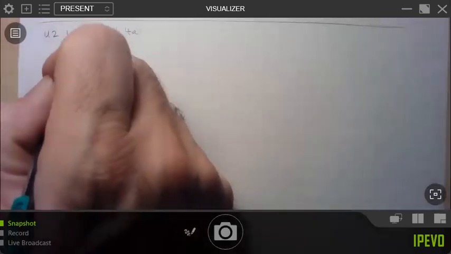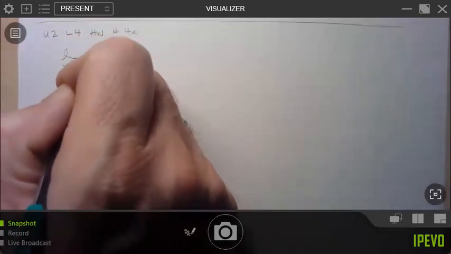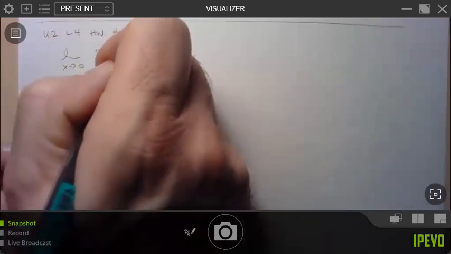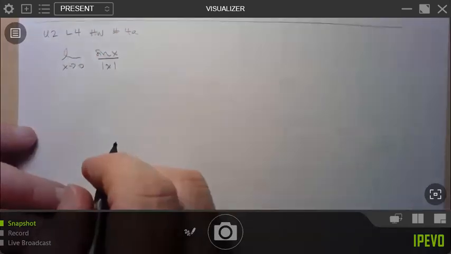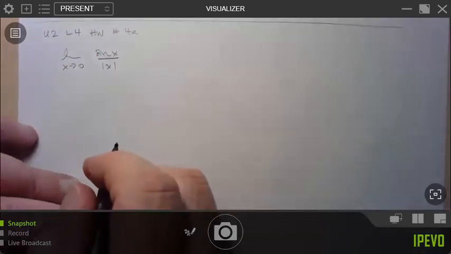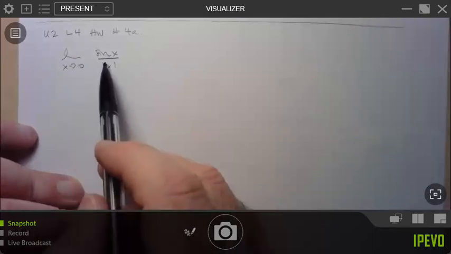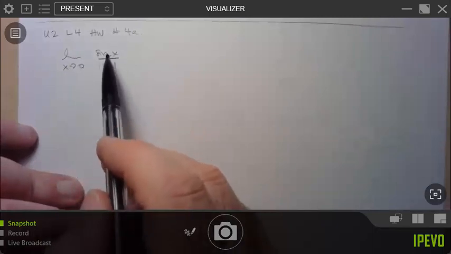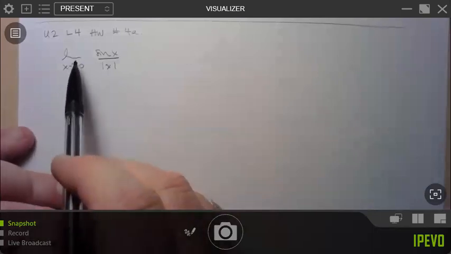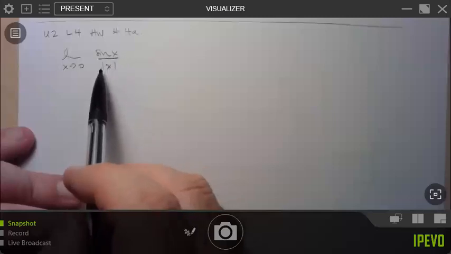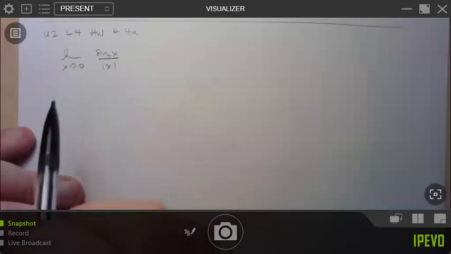So here we want to take the limit as x approaches 0 of sine x over the absolute value of x. So the problem with working with this here, obviously we've got both numerator and denominator approaching 0. But the issue is what I know is the limit of sine x over x as x approaches 0, not the absolute value of x.